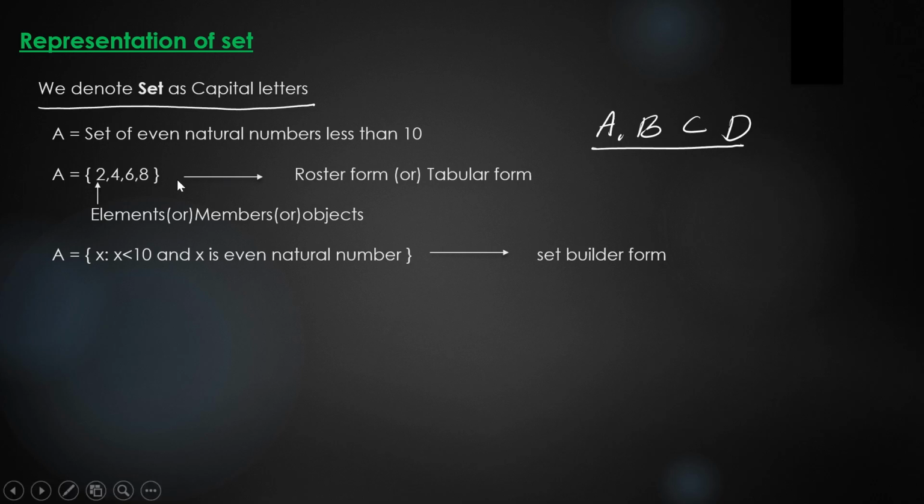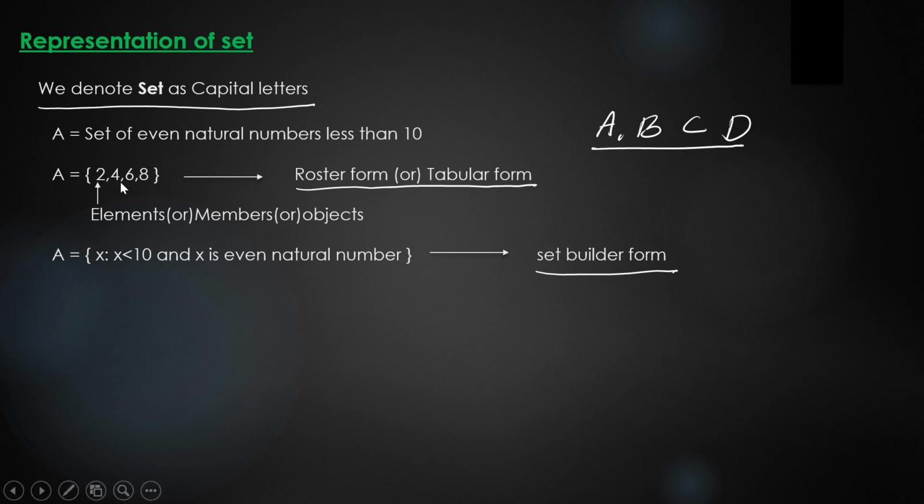And the set format: we have two types of forms of sets. The first one is roster form or tabular form, and the second one is set builder form. In between the curly braces, there will be objects or elements or members.